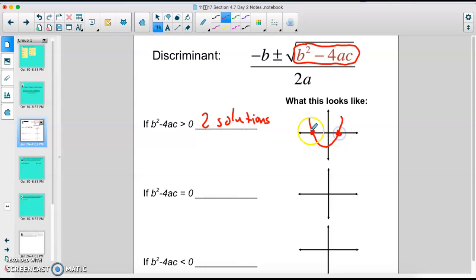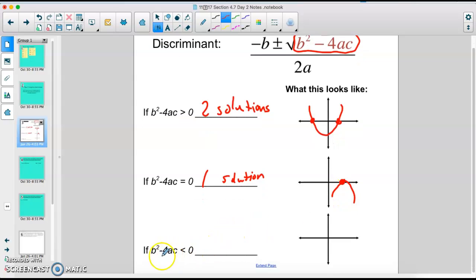We're going to have two real solutions. If it equals 0, that means we're going to have one solution. And basically what that means is that our vertex is going to be on the x-axis somewhere. So maybe it's going down. It could also go up. But the key is that our vertex is on the x-axis.